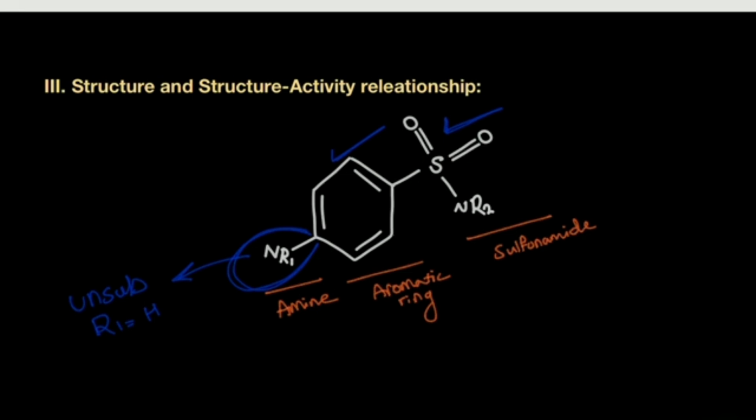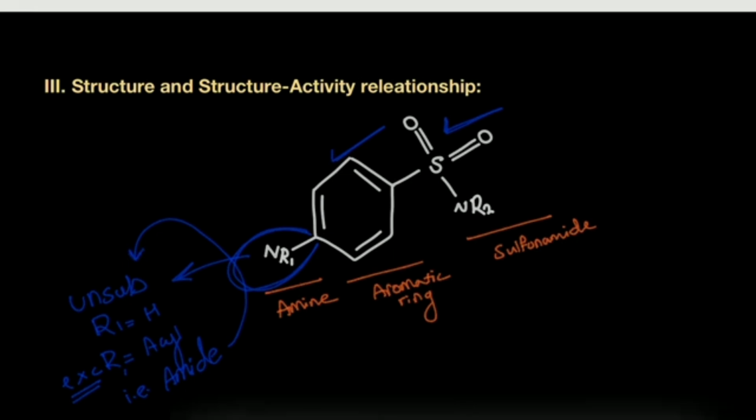The only exception is when R1 is an acyl. So this is an exception. For example, it can be an amide. Amides themselves are inactive but can be metabolized in the body to regenerate the active form, the unsubstituted amine.